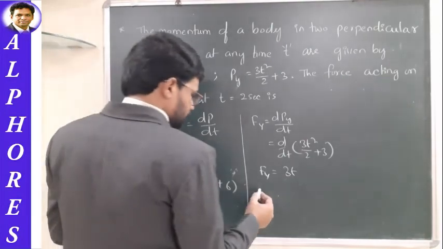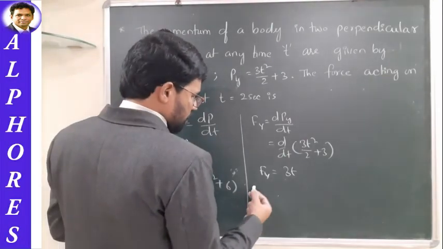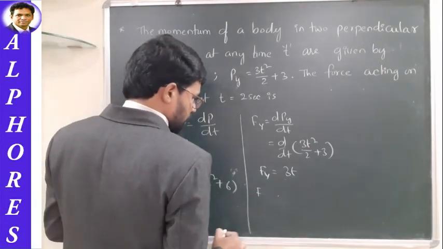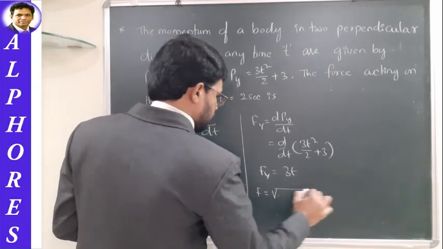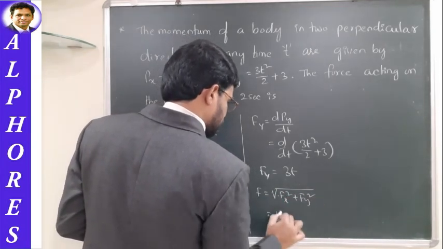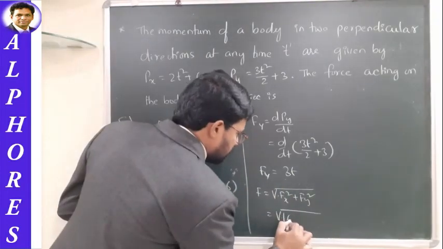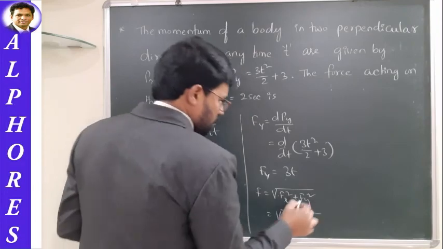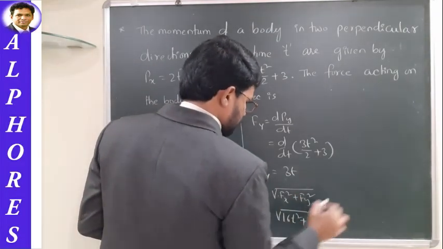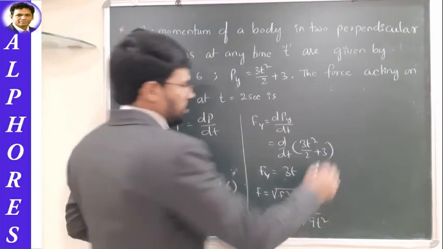Therefore, the x component and y component of force are known to us. Can't we find the net value of force? Yes, of course. The net force F is equal to under root Fx square plus Fy square. Fx square is 16t square, plus Fy square is 9t square. 16t square plus 9t square is equal to 25t square, isn't it?